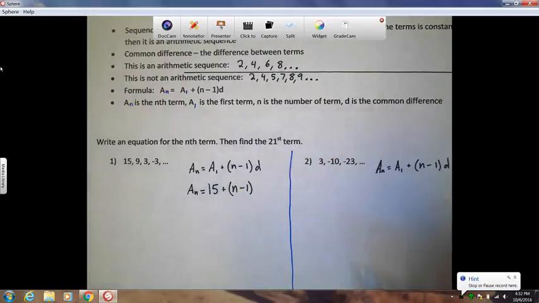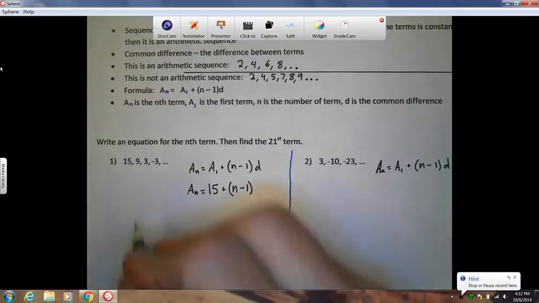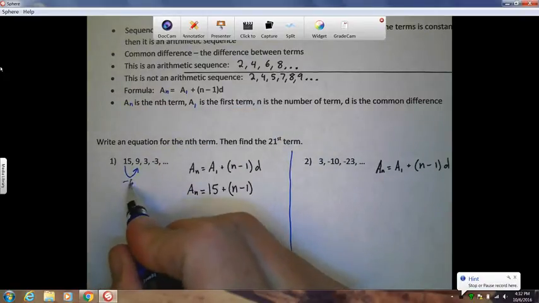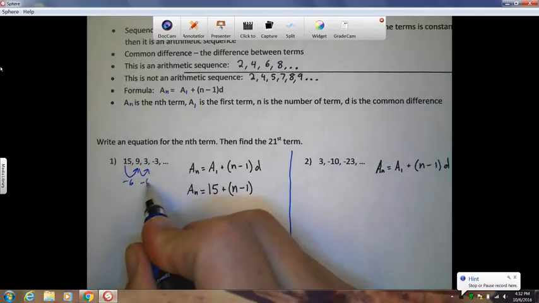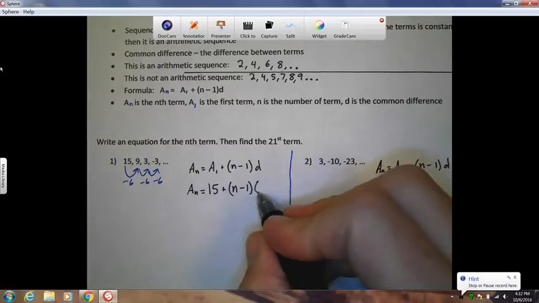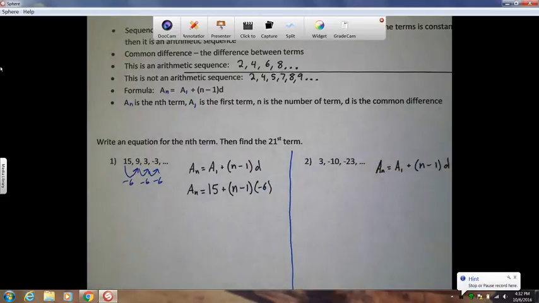Now I need to find d. d is my common difference. So 15 minus 6 is 9. Minus 6. You should make sure that there is a common difference, and there is, and it's negative 6. Now I need to simplify.